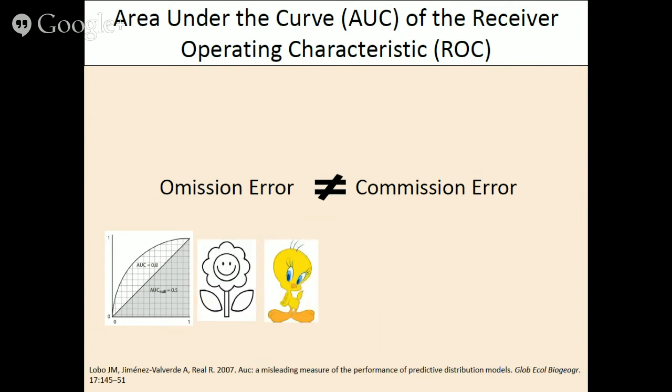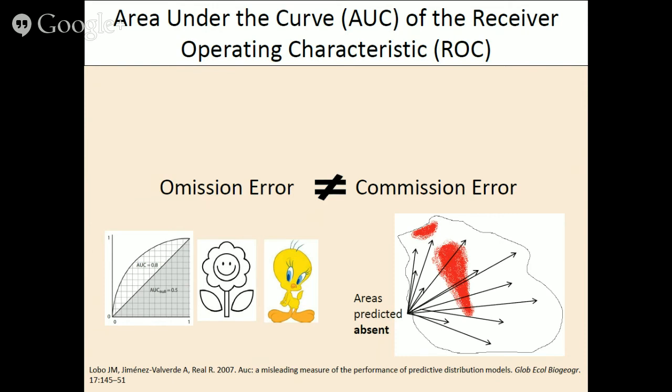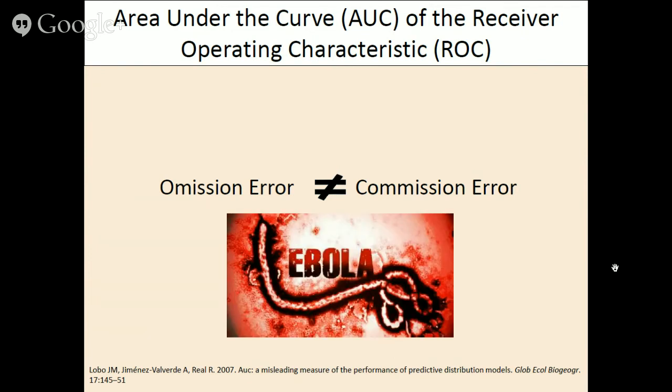If we are making a model and the areas are predicted as absent for birds or for beautiful plants, there is not a huge problem if we are saying no, the species is absent here, when in fact the species could be there. But when we are working with more perilous or dangerous organisms, we should take more care about these issues.